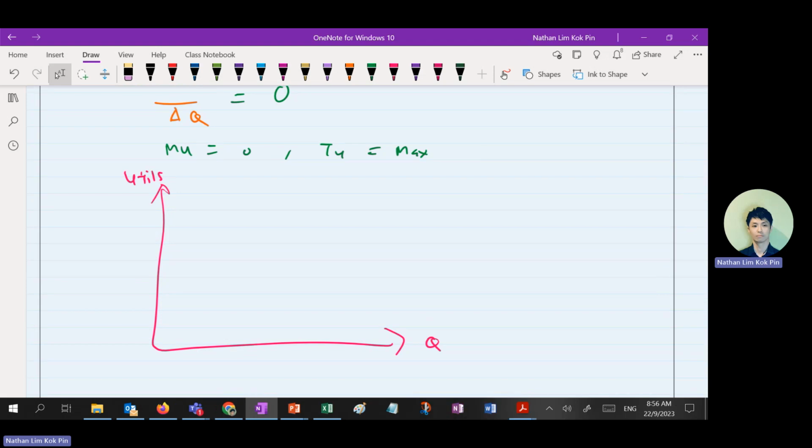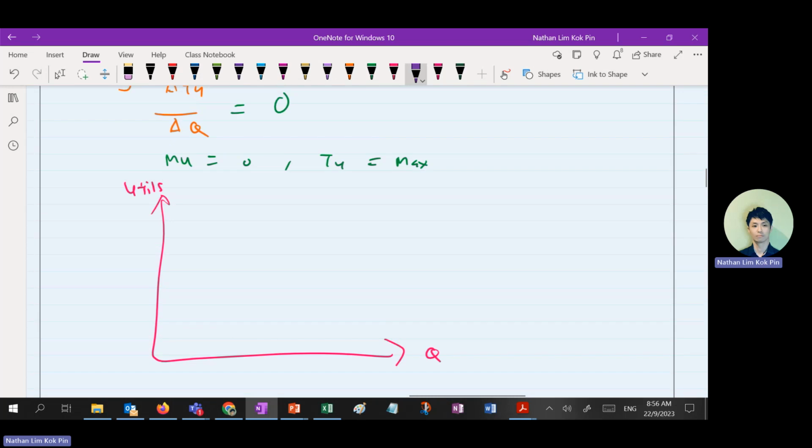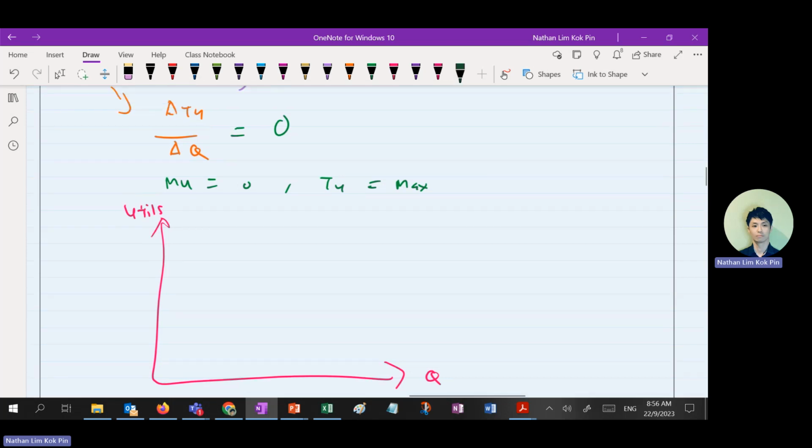That's why you need to know how to sketch. Not kidding. You can also think that I'm kidding. If you think I'm kidding, then yes, I'm kidding, all this paper will not come out. So for this one you have to draw TU first, then you draw the dotted line. The dotted line must be at the maximum there. Then you draw your MU, starting from unit number 1.